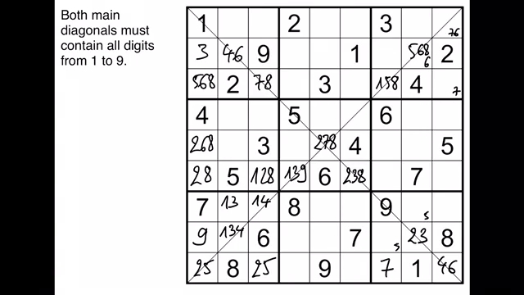This is restricted as well. 1, 2, 3, 4. It can only be 5 or 8. So now 2 and 4. 4 must be either here or there.